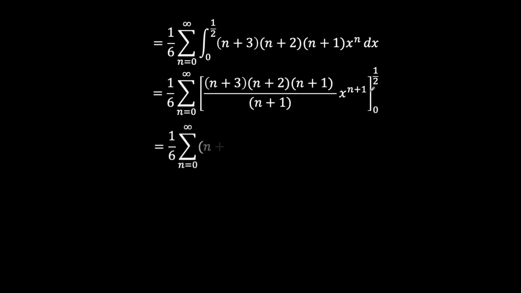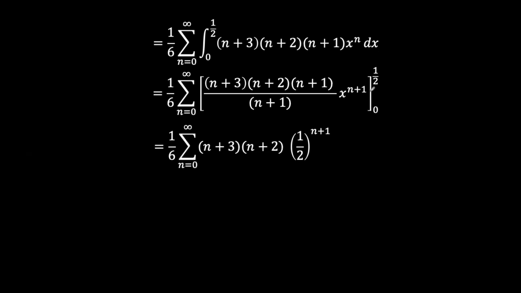So going forward, the n plus 1 cancels the n plus 1 in the denominator. And so we are left with 1 over 6 times the summation from n equals 0 to infinity of n plus 3 times n plus 2 times half to the power n plus 1.